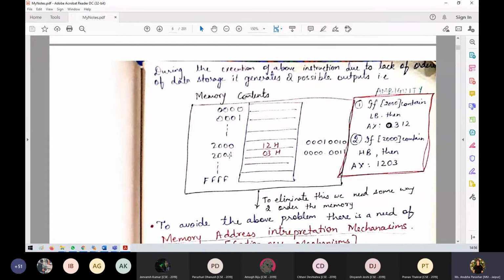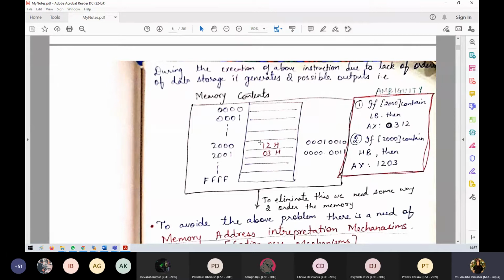So when you say int a equals 10, that means in 2000, when we used to have, let's say, a 16-bit microprocessor, a equals 10 can be stored in one cell, that means one word. But if it is 8-bit, that means 10 has to be stored in two memory spaces.